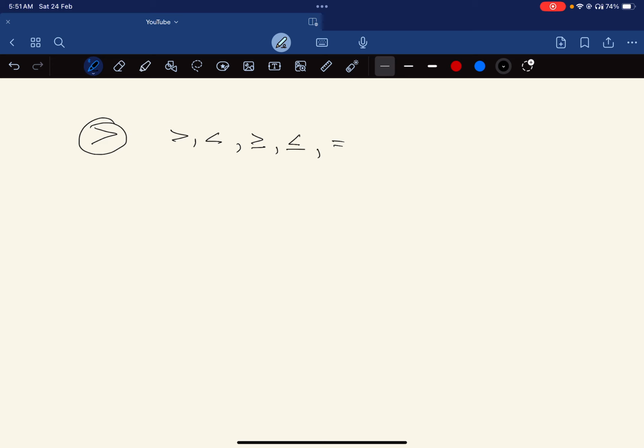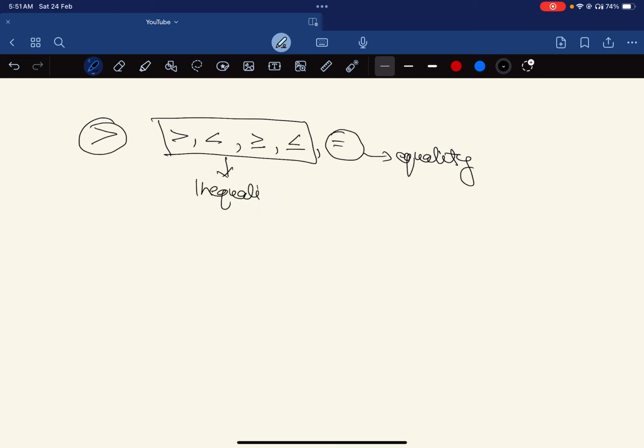But this is equality, and these are inequalities. 5 is equal to 5. We know that. This is equality. But 6 is greater than 5. This is inequality. Let's answer some statements.